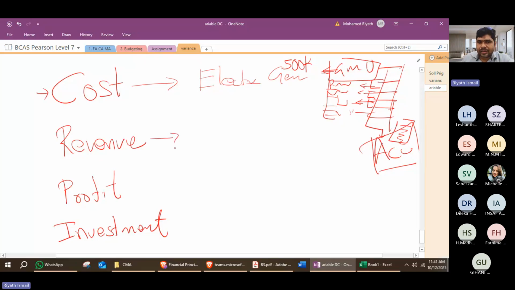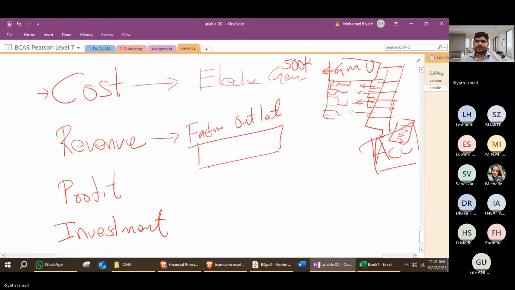And there are revenue centers like a factory outlet. What is the main thing here? The main thing is income. Showroom, sales showroom.